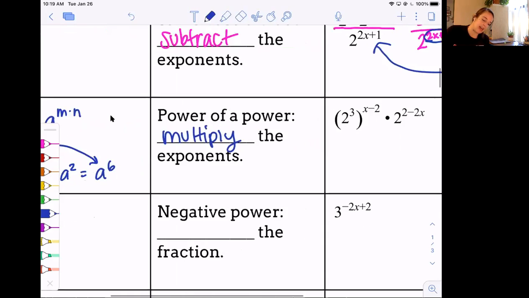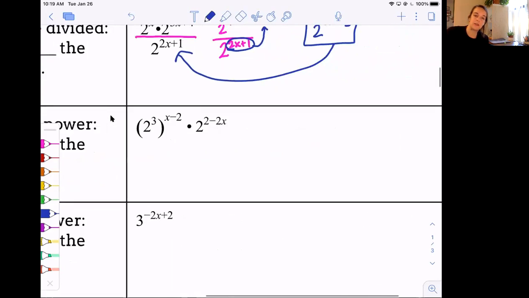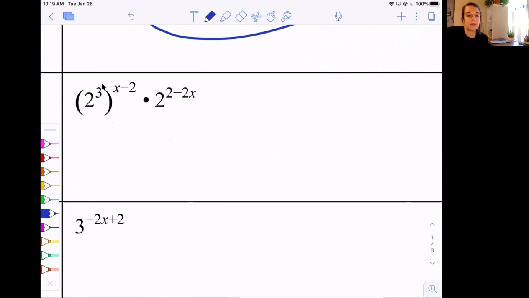So when I look at this problem here, I have 2 to the 3rd to the power of this, times 2 to the power of 2 minus 2x. Because I have a power of a power, I'm going to go ahead and multiply 3 times x minus 2, which requires distribution here.